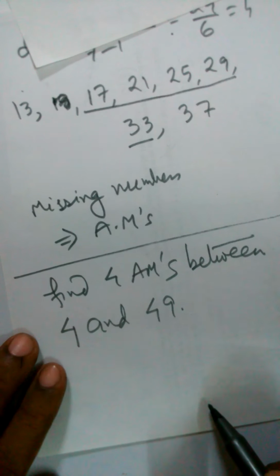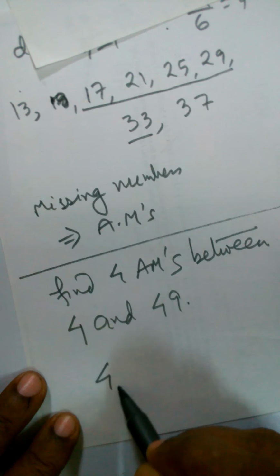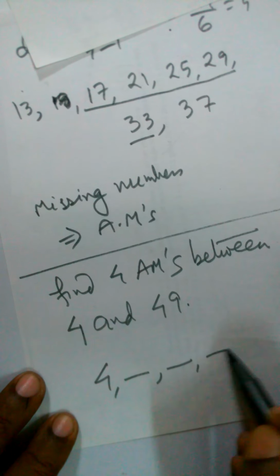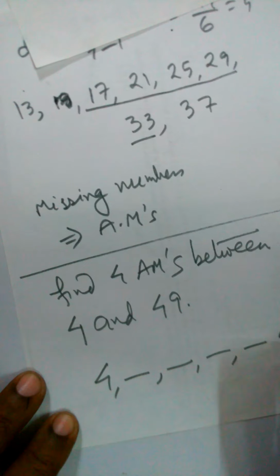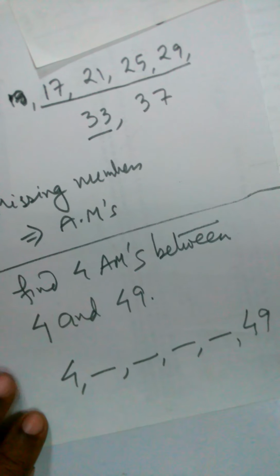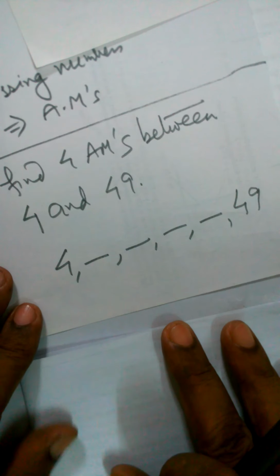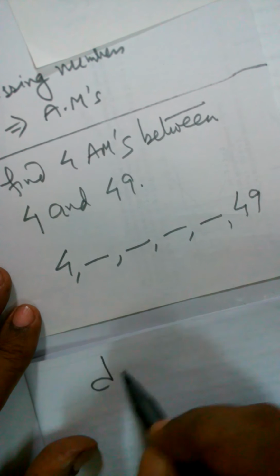So what you have in this case is 4, then the missing numbers, then 49. So you have total 6 numbers, including 4 and 49.